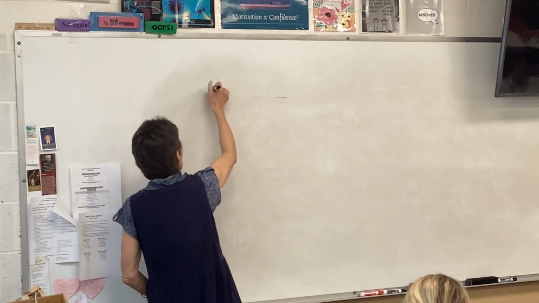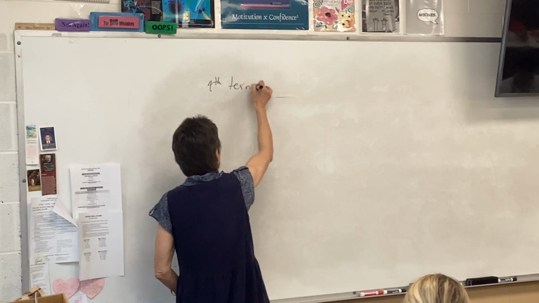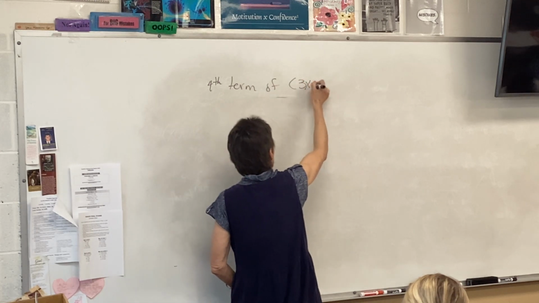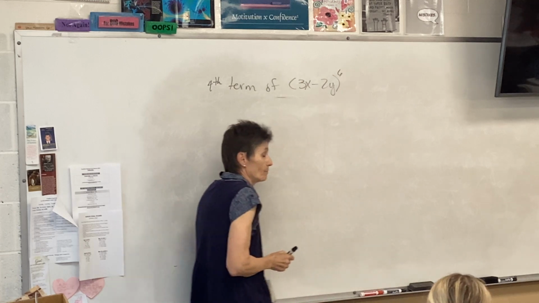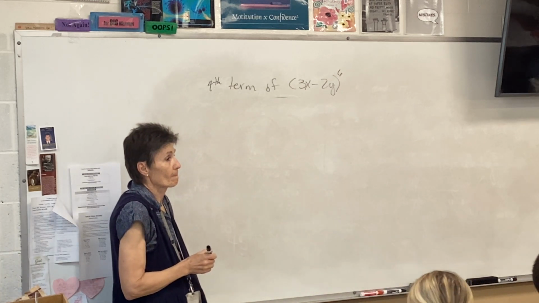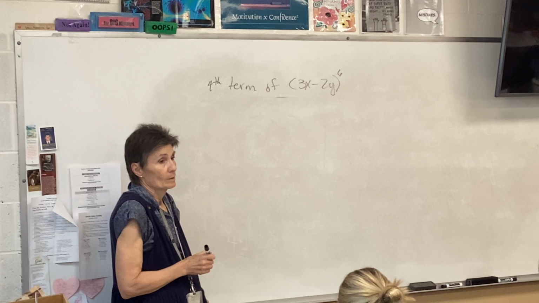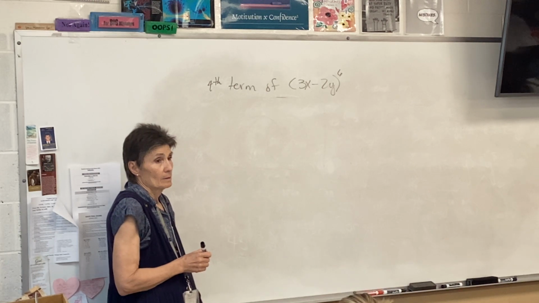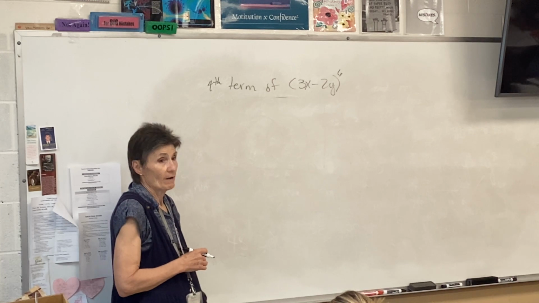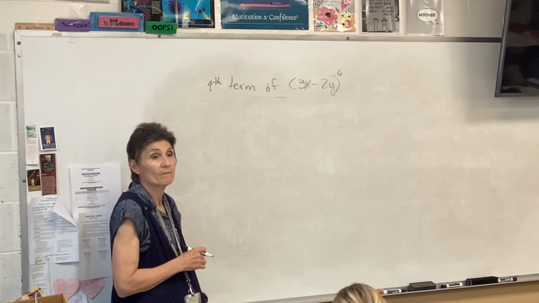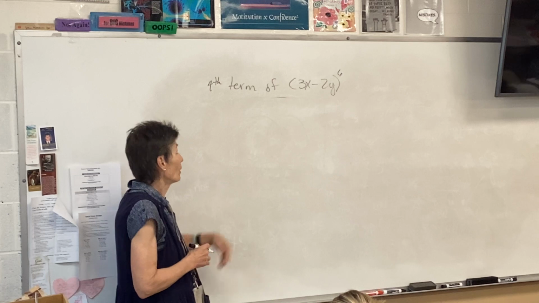All right, let's find the 4th term. 3x minus 2y. So what's the first thing I have to do? Find the number. I gotta figure out which coefficient it is. So what are my options?